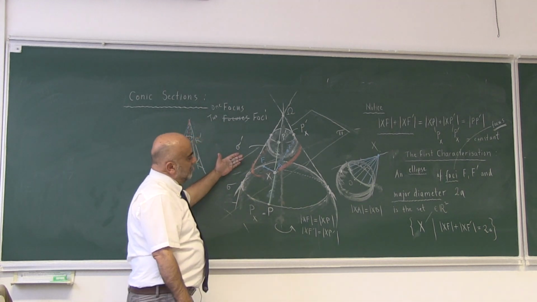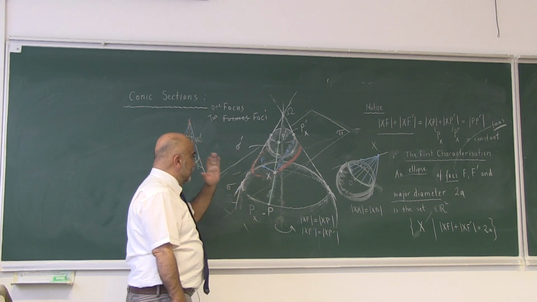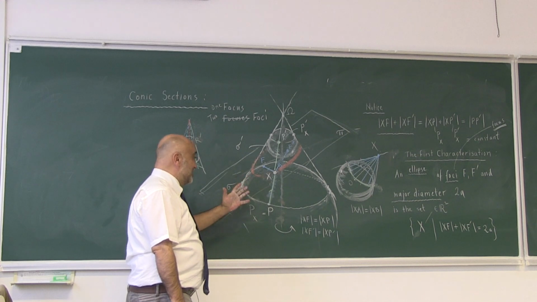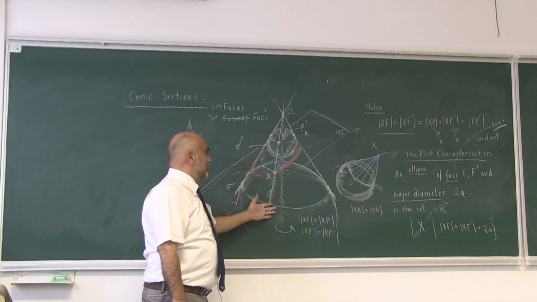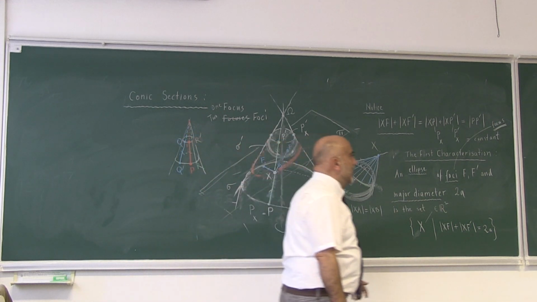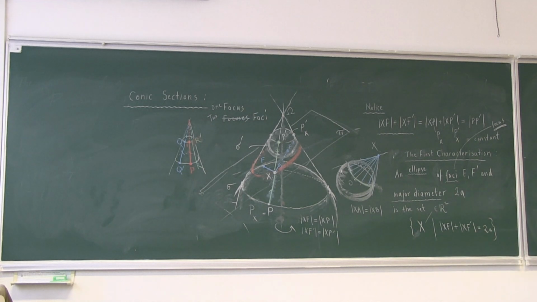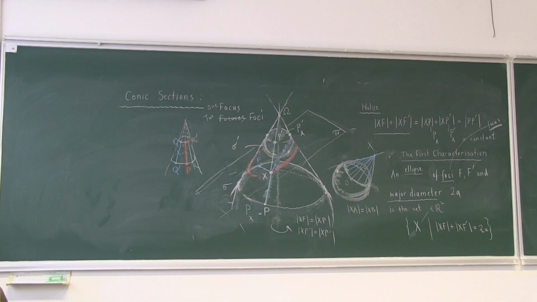I have given you this illustration in the case where the plane intersects the cone in such a way that these spheres of tangency are on the same side of the apex. It can happen otherwise. I shall, however, leave the rest of the derivation to you because it's a very good exercise in three-dimensional arguments.